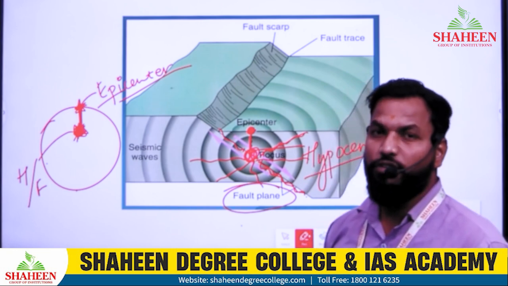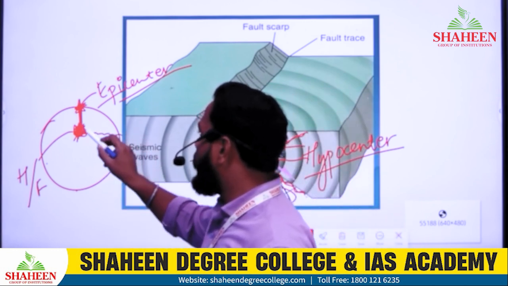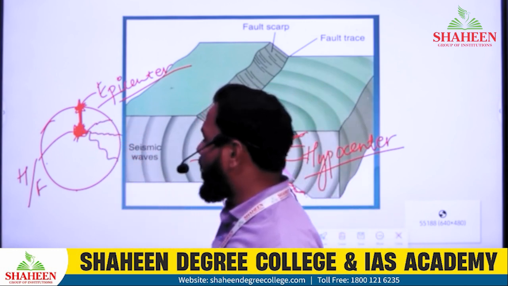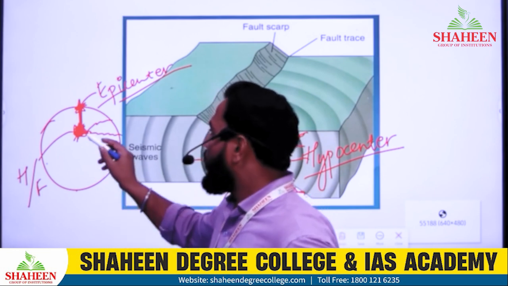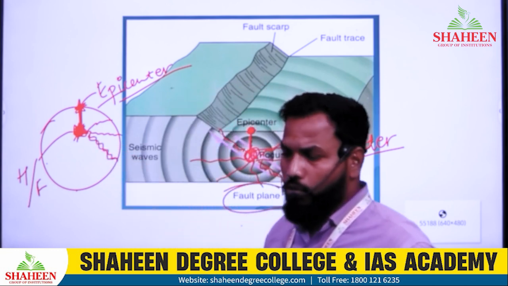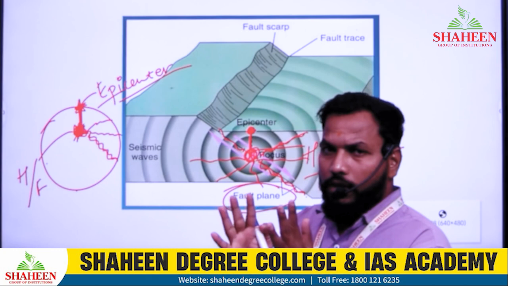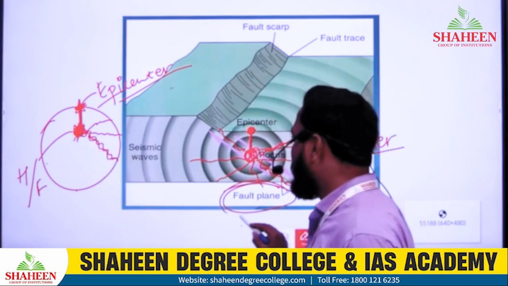A fissure is nothing but an opening or a slight vibration. Because of the earthquake, the earth starts shaking, and because of the shaking, the land gets vibrated and slowly starts opening. Those openings are called the fault plane.